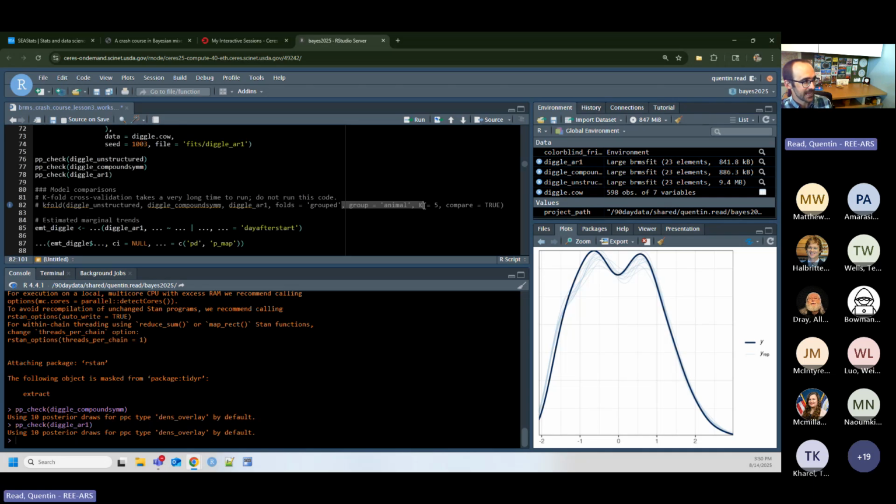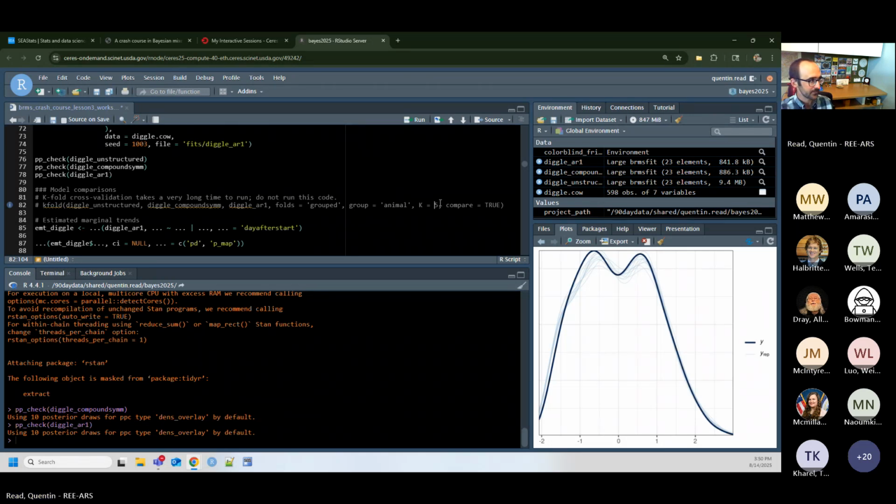We're grouping by animal, dividing up the cows into 5 groups, fitting the model to 4 of the groups, and predicting the 5th group's data each time, and seeing which model does the best. A model that fits the data well but doesn't have too many parameters and isn't overfit is going to be best at predicting unseen data that it wasn't used to fit.